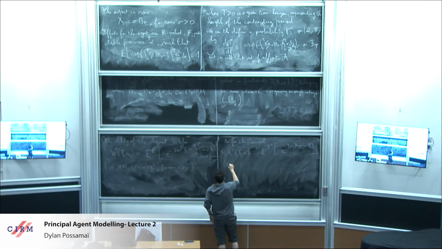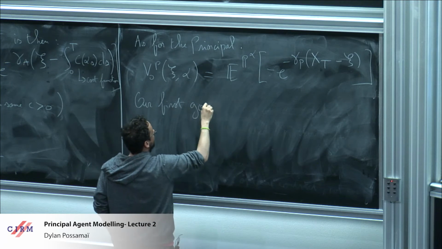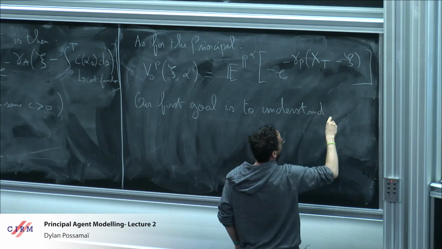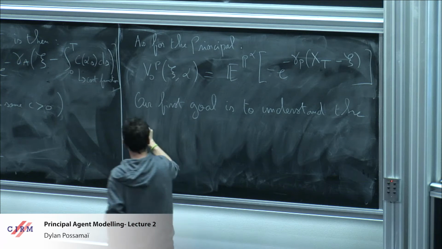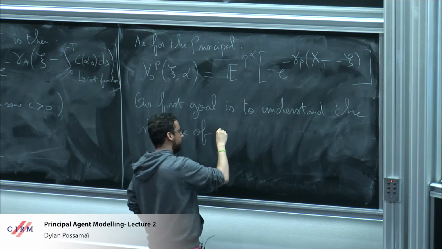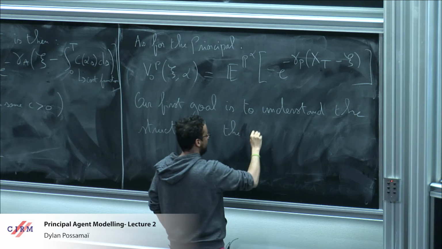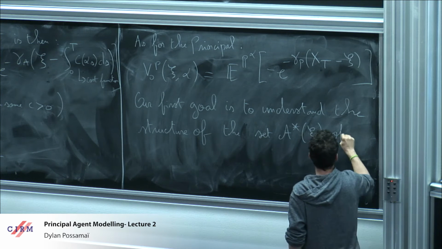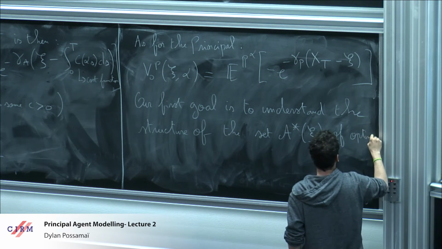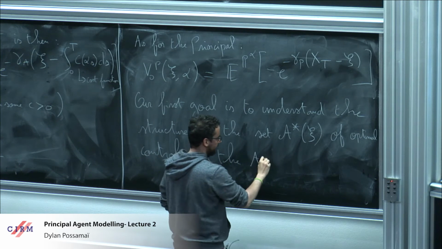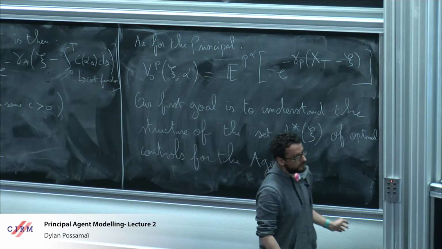So our first goal is to understand the structure of the set A star of psi of optimal controls for the agent.